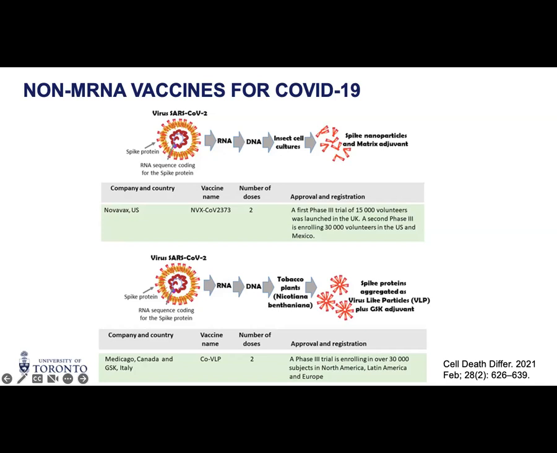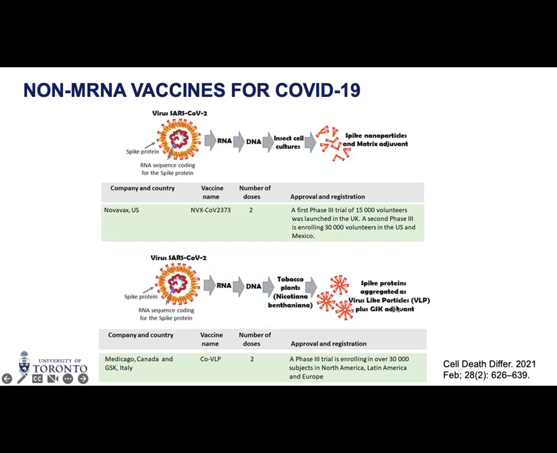Another protein-based vaccine for COVID-19 is Medicago, which is manufactured in Canada, specifically Quebec, and Italy. In brief, we have a similar process. Instead of insect cultures, the spike protein is inserted into a cousin of the tobacco plant, and it generates spike proteins and wraps them in virus-like particles.